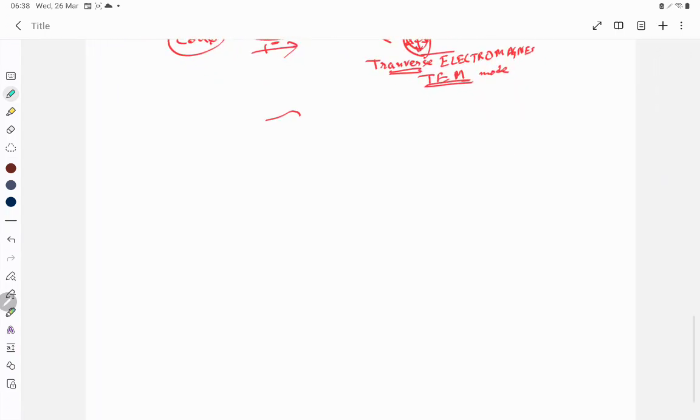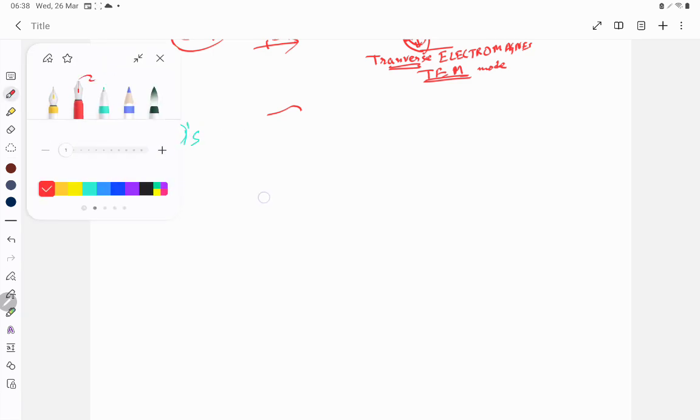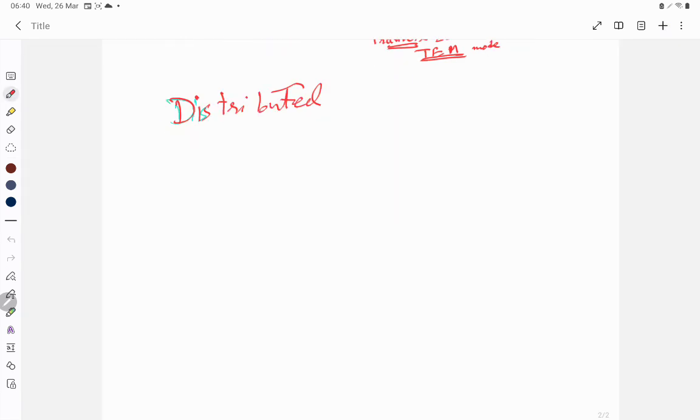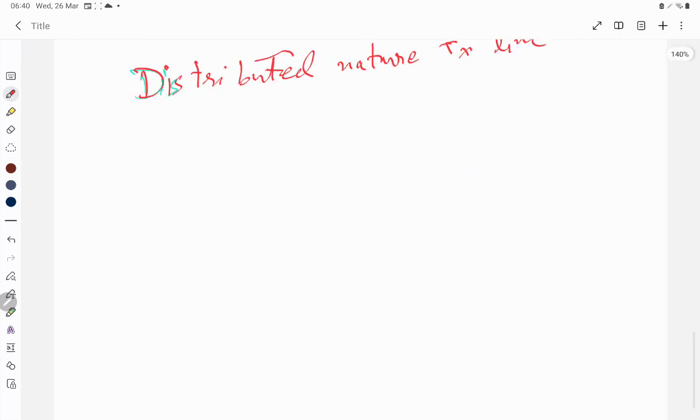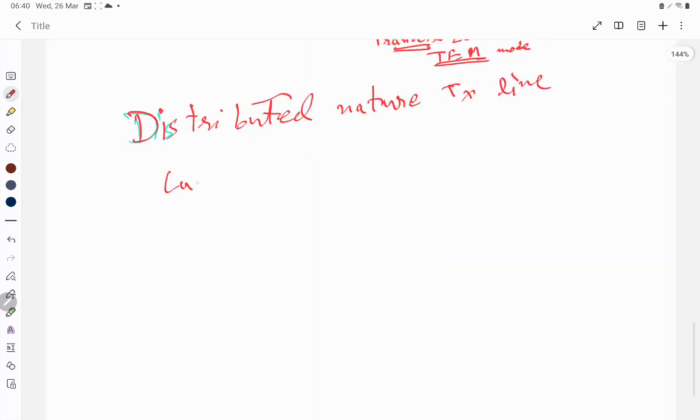Now let us talk about the distributed nature of the transmission line in microwave. So we have earlier read about network analysis and circuit theory, in which we dealt with the lumped nature of circuit elements.